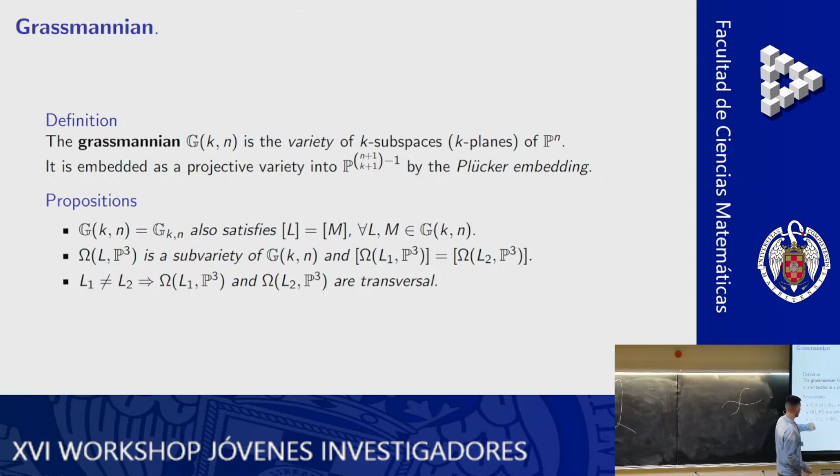And the third idea is that if you take 2 different lines, then these subvarieties are going to be transversal. But the strength of this theorem is not that when you take two different lines, those 2 are going to be transversal. The true strength of this theorem is that if you take those 2 to not be in a general position, for example, coplanar, they are going to be transversal too. So that's important.